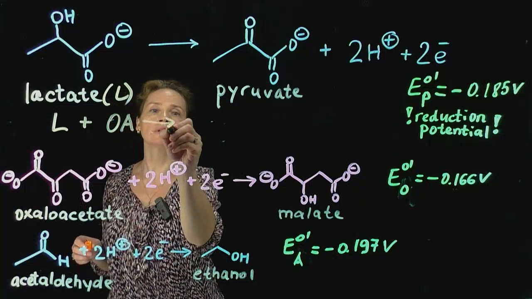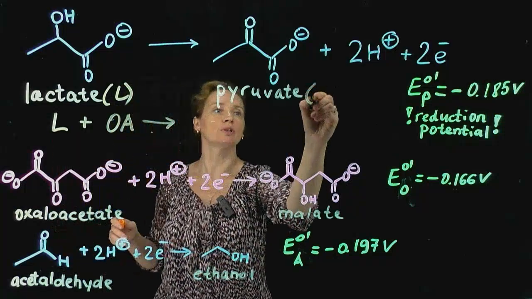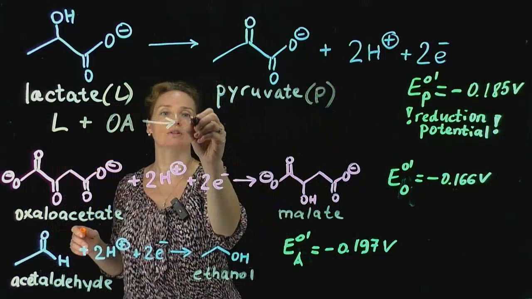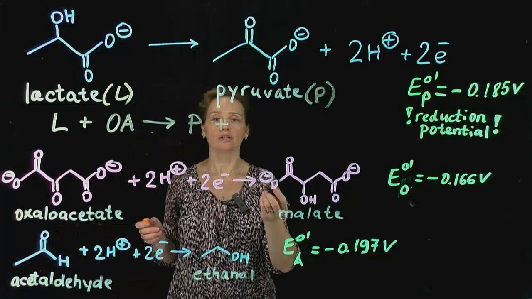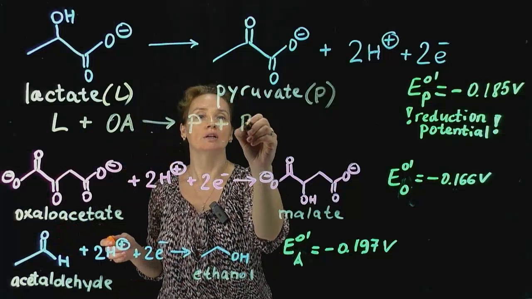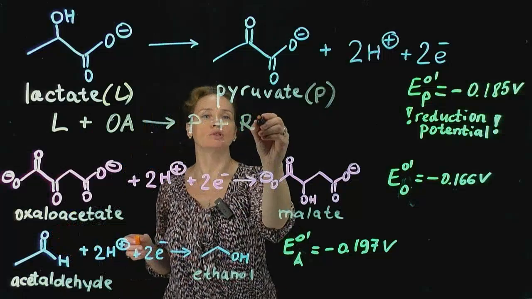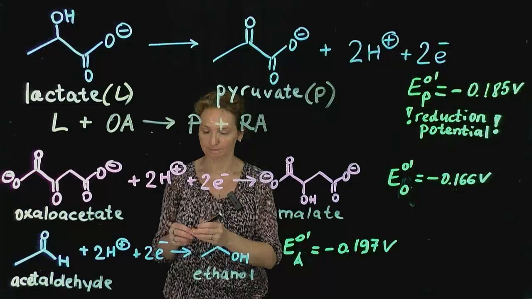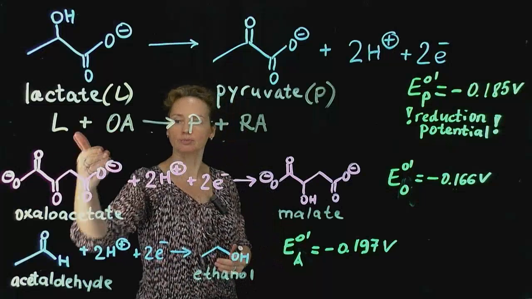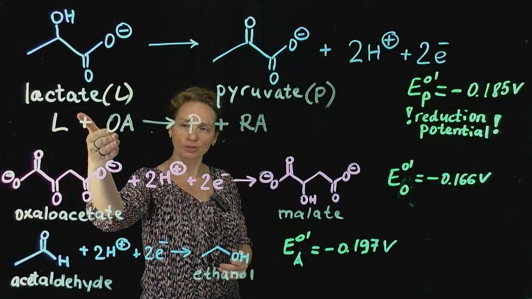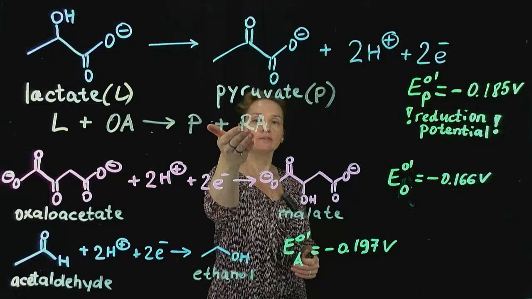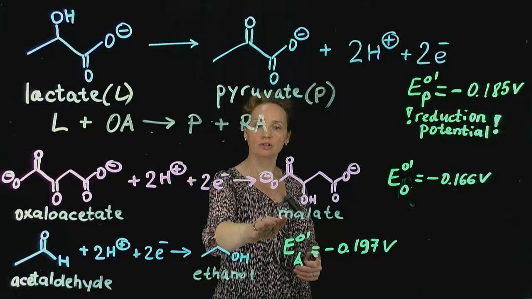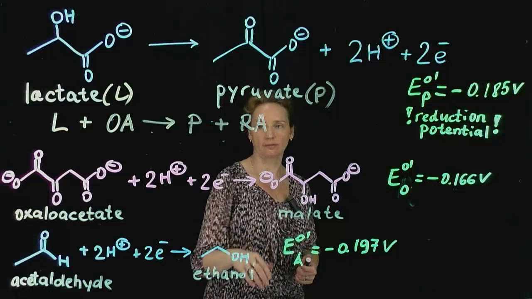In the course of the reaction, lactate is going to be oxidized into pyruvate, and the oxidizing agent is going to be reduced into the reducing agent. Correspondingly, the oxidizing agent can be either oxaloacetate or acetaldehyde, and the corresponding reducing agent is either malate or ethanol.